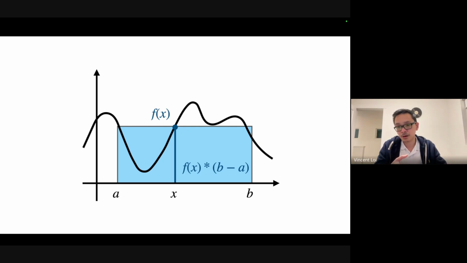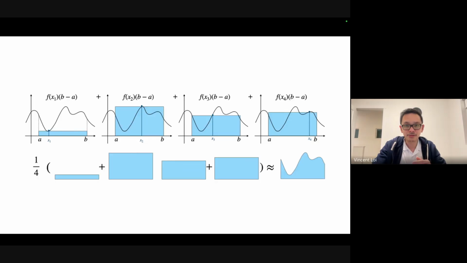But what if we take even more samples at different points, add them all together at the end, and divide by the number of samples, the X points that we have here? We will get the area below the curve. That's a simple explanation of how Monte Carlo integration works in graphics.